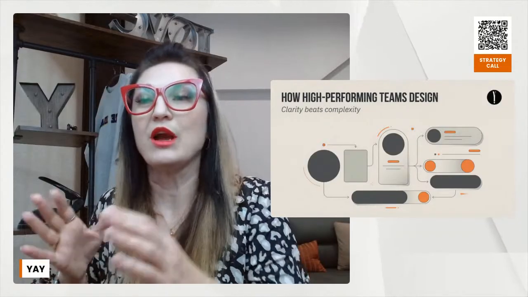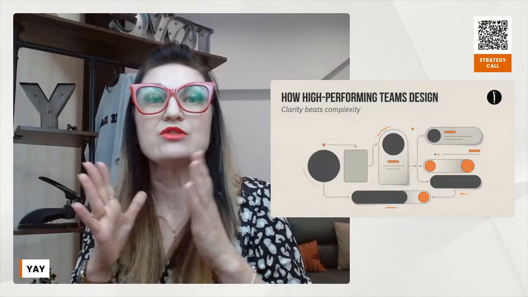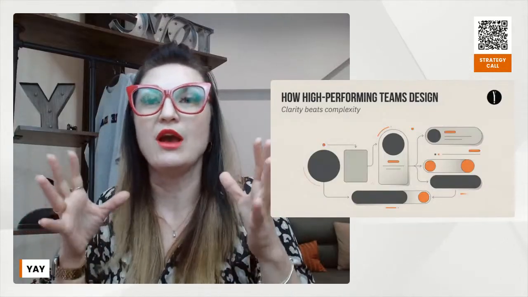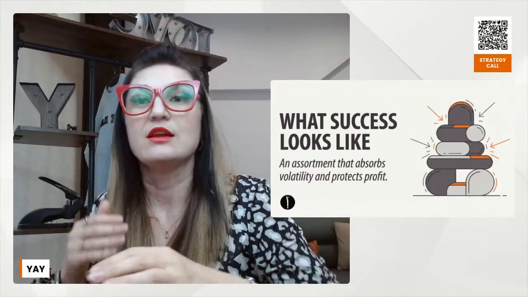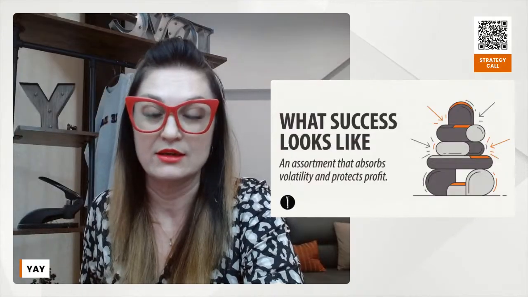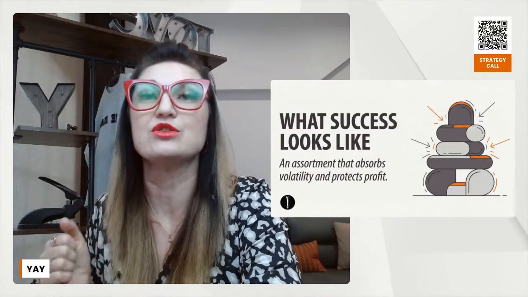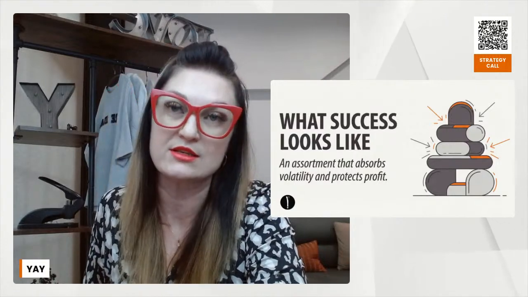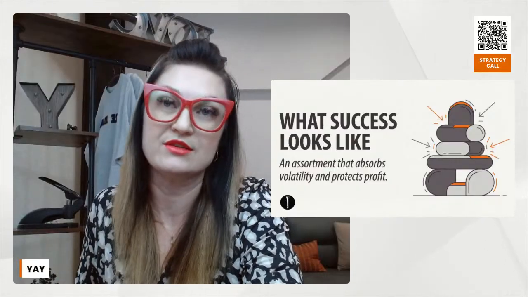So now that we're coming up to the top of our hour, I would like to summarize what we have covered today. Assortment architecture is not about adding product. It's about designing economic behavior into your system, into your current process, into your current team's behavior and beliefs.